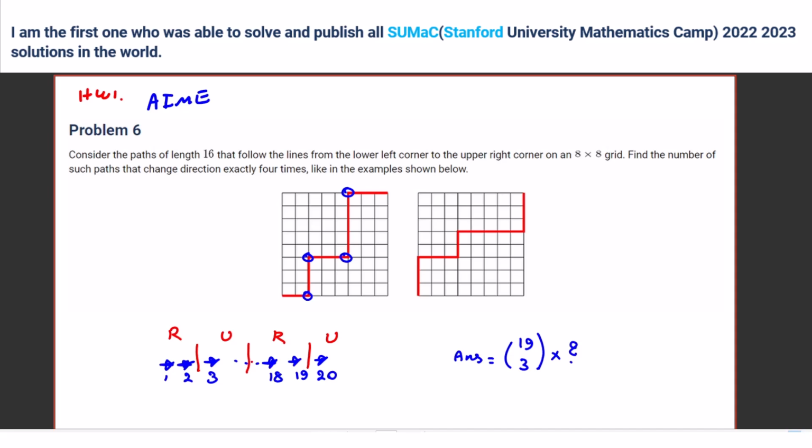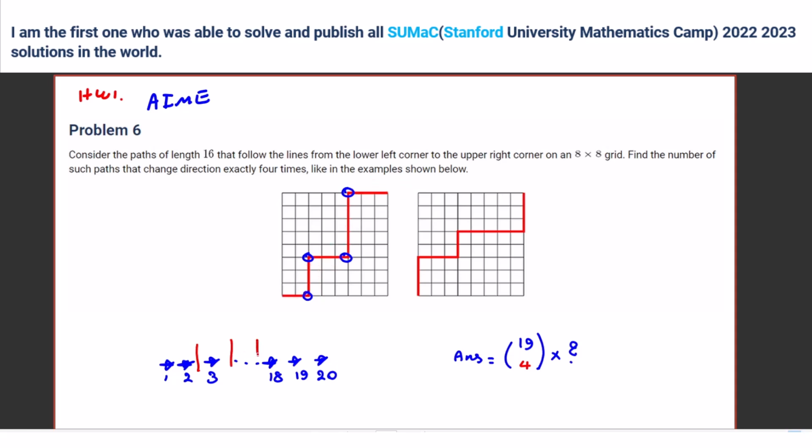Yes. 1, 2, 3, 4. 1, 2, 3, 4, 5. Let me just check, find the number of such paths that change direction exactly 4 times. It has exactly 4, so we should have 4 bars, right? Yeah. So what you said, 4 bars, is correct in the beginning. Because look, it says 4 of these, so we have 1, 2, 3, 4, 5 parts, right?